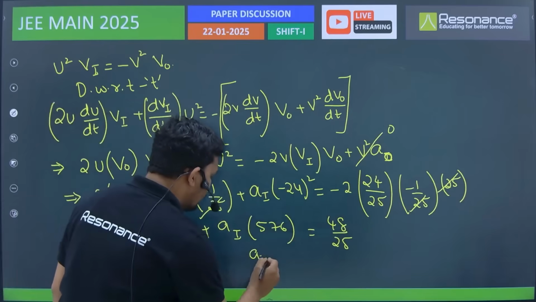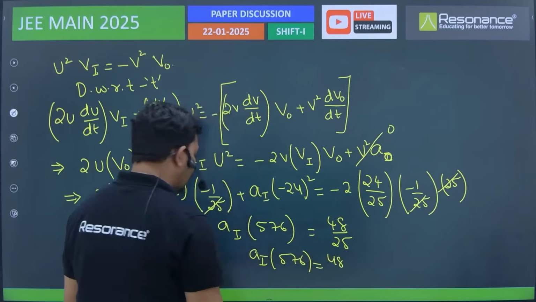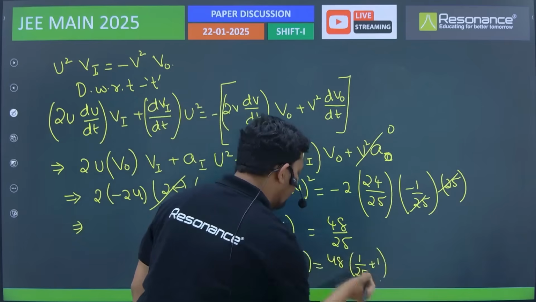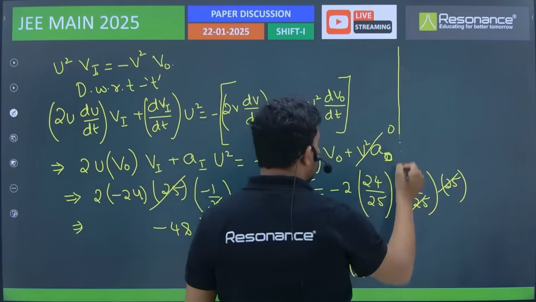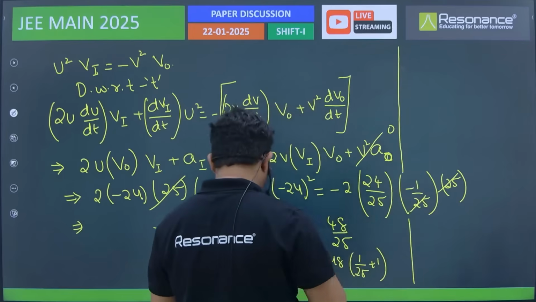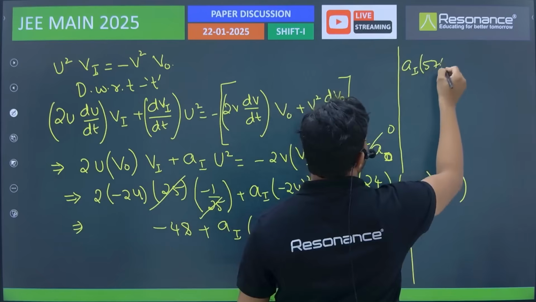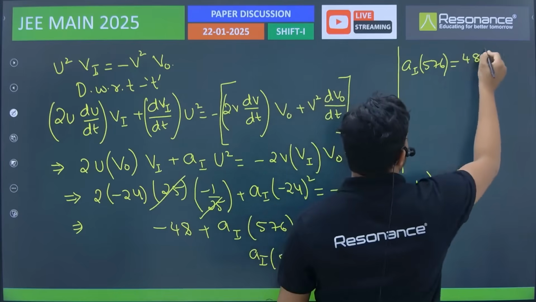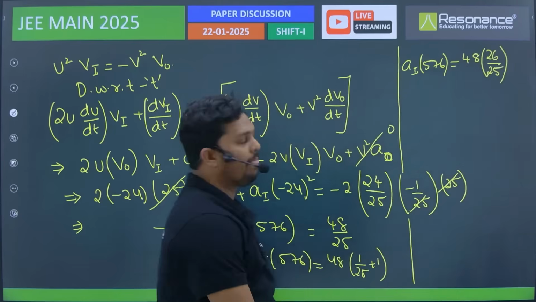So the acceleration of the image into 576 equals plus 48. If I take out common, it's going to be 1 by 25 plus 1. And therefore the final result is: the acceleration of the image into 576 equals 48 into 26 whole divided by 25. Got it, this one?